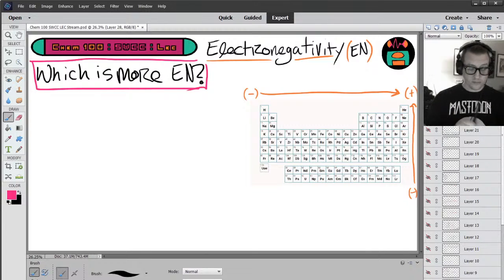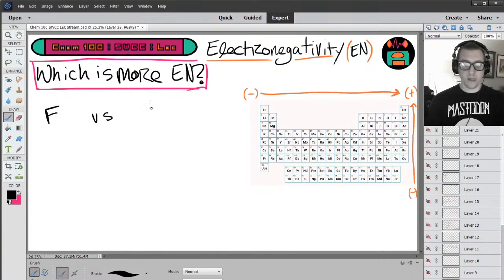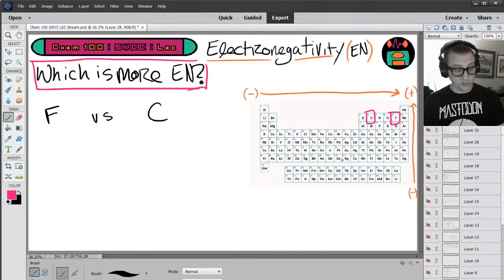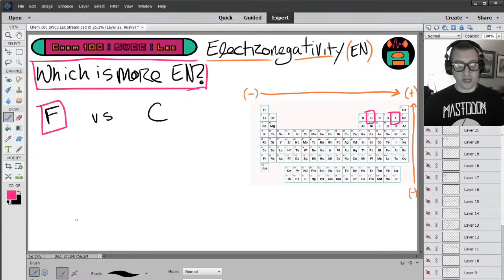All right, so let's apply our rules. Which is more electronegative? Let's start with fluorine versus carbon. If we look, you can see that fluorine is here, carbon is here. We know that electronegativity increases as you move to the right of the periodic table. So fluorine is more electronegative than carbon.